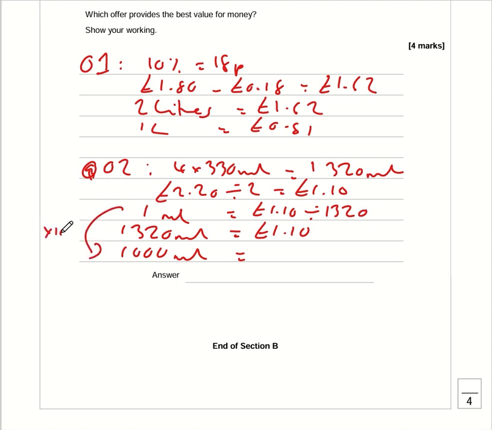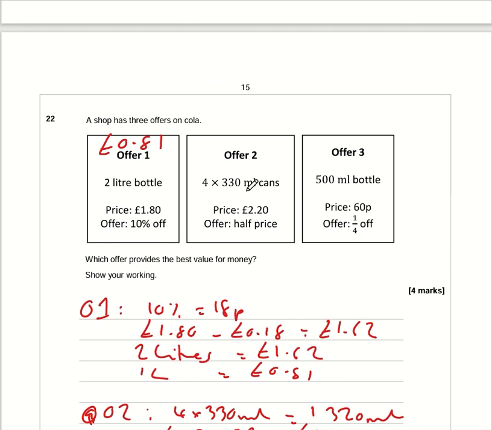That is 1,000 times more than 1 millilitre, so I simply multiply this calculation by 1,000. £1.10 divided by 1,320 multiplied by 1,000 comes to 0.83. So just write up here 0.83. At the moment, offer 1 is better.